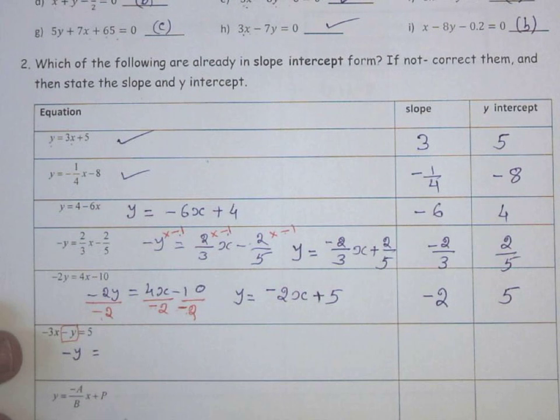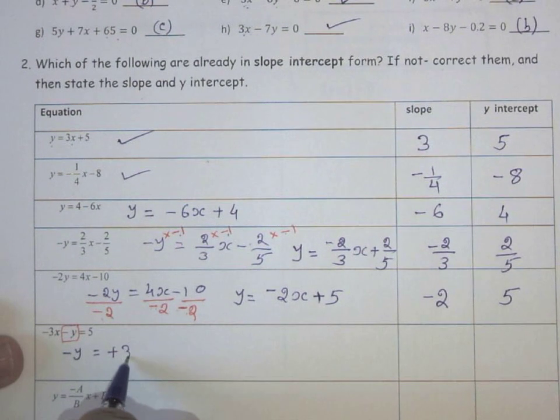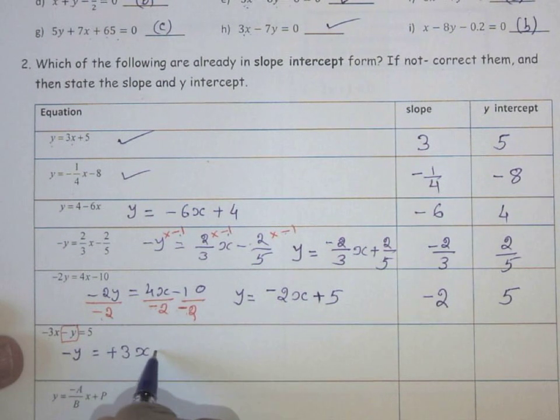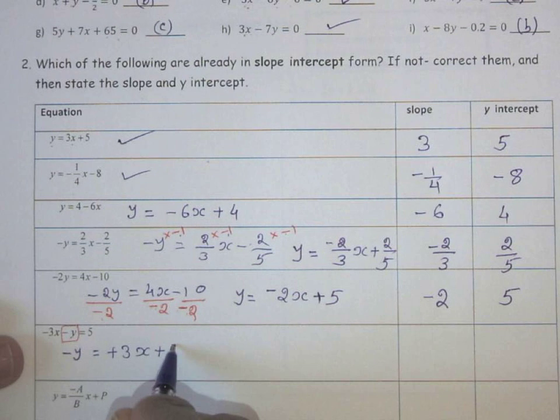So you need to transpose that negative 3x. When you transpose it from the left side to the right side, the negative will change to positive. That becomes 3x, and the 5 is already there.